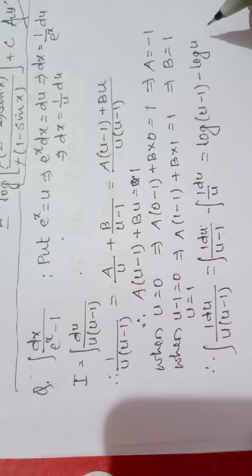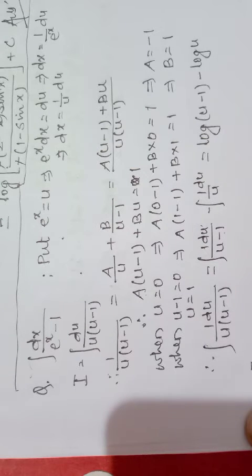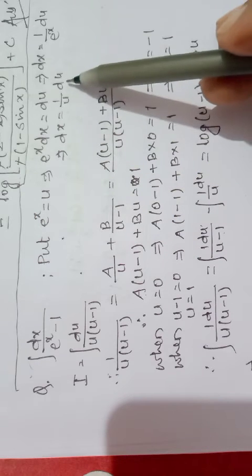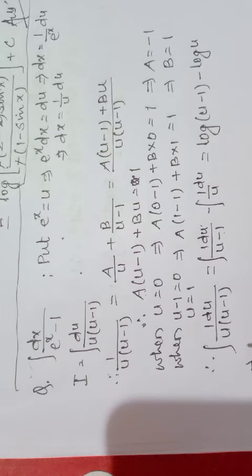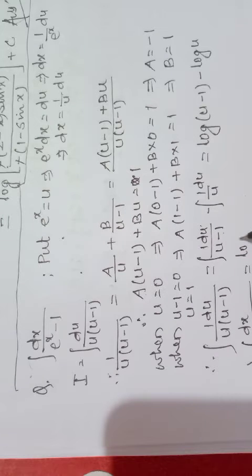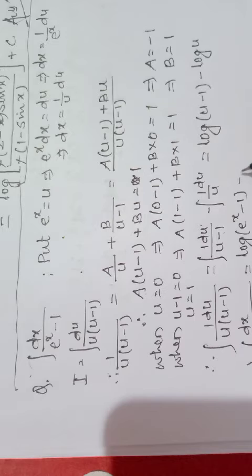Put down the value of u, which is e to the power x, and du is e to the power x dx, so dx is 1 by u du. So integration of du by u is dx. Here u is e to the power x, so it is log of e to the power x minus 1 minus log e to the power x.